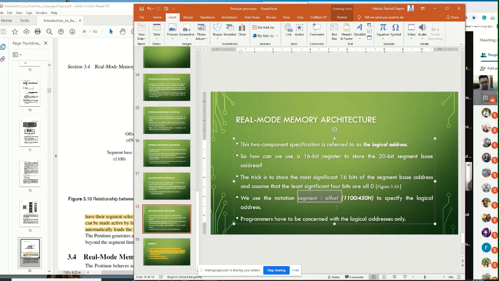So the shelf number is 5, and you go directly to shelf number 5. But that shelf has 10 racks. So in which rack can you find the book? You don't know. So if I also tell you the rack number, let's say it is the third rack, then you can easily find the book.